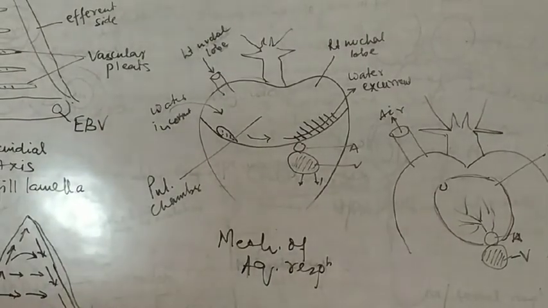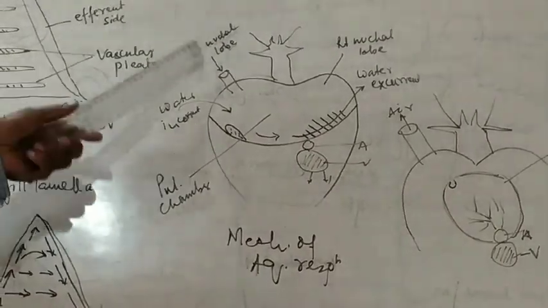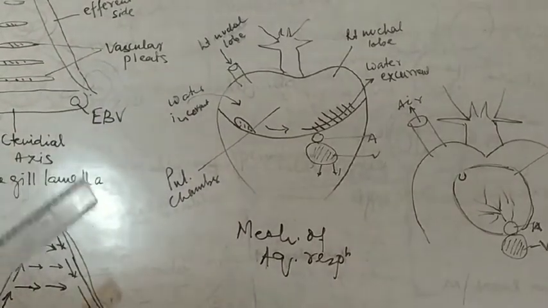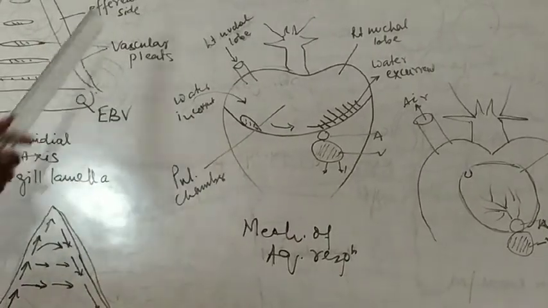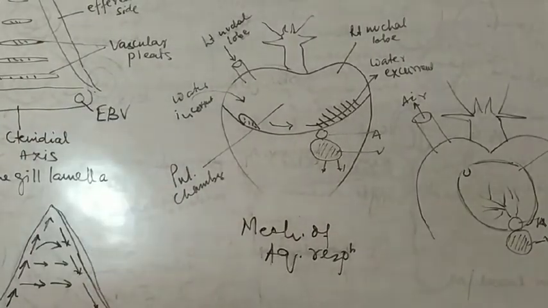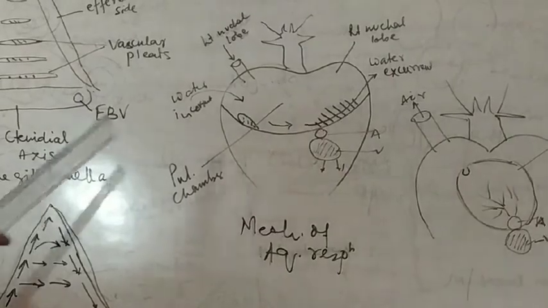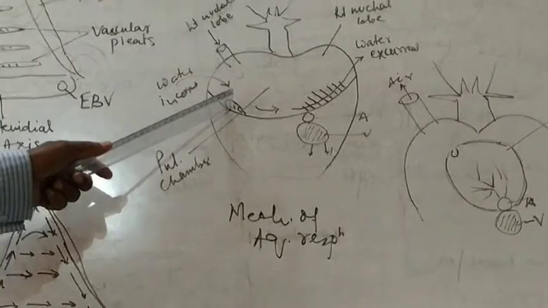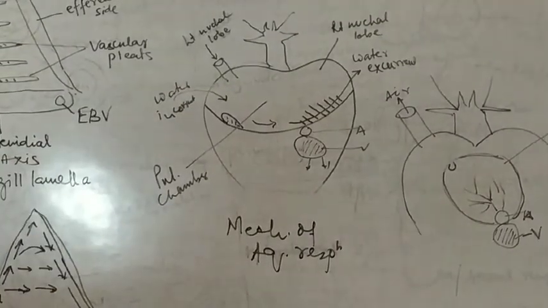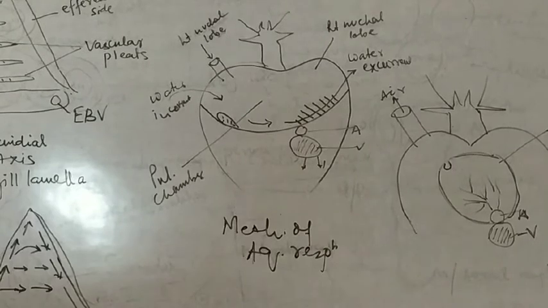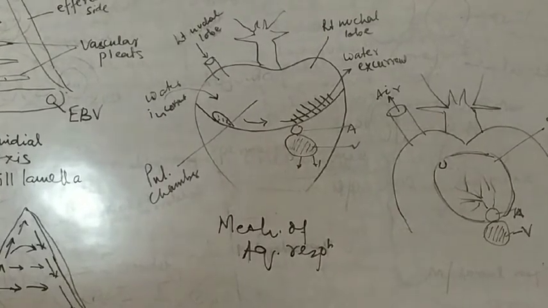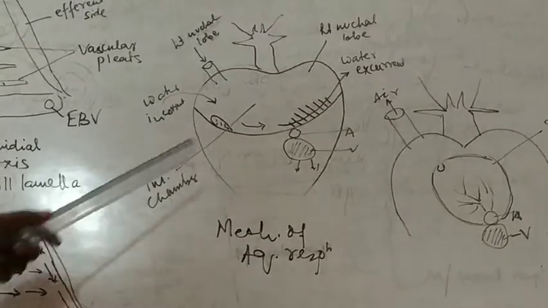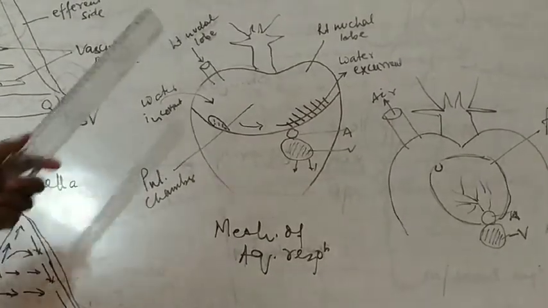Then what happens? Water enters through that nuchal lobe, and the water, called the in-current, passes into the pulmonary chamber. Whenever it passes into the pulmonary chamber, there is the osphradium which tests the water current. What type of water? Is it fresh water fit for respiration, or polluted or disturbed water? So this is its testing organ, called osphradium.